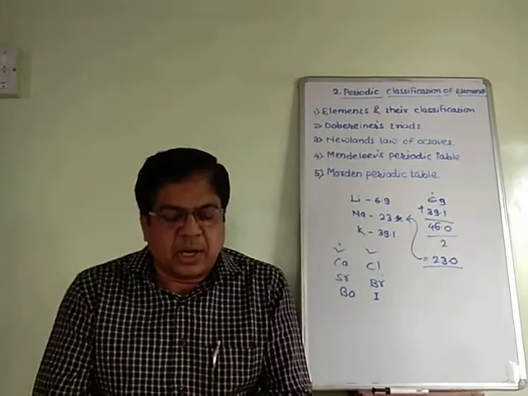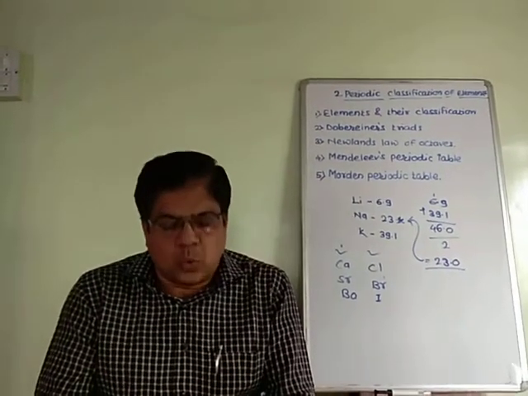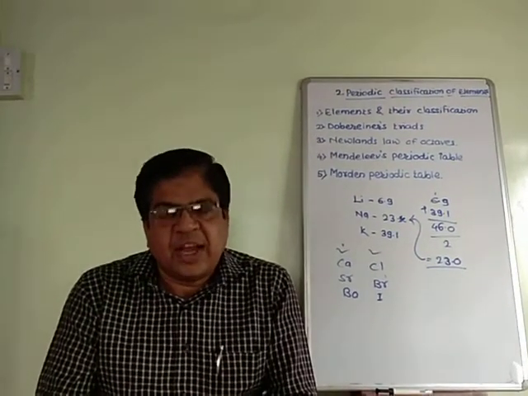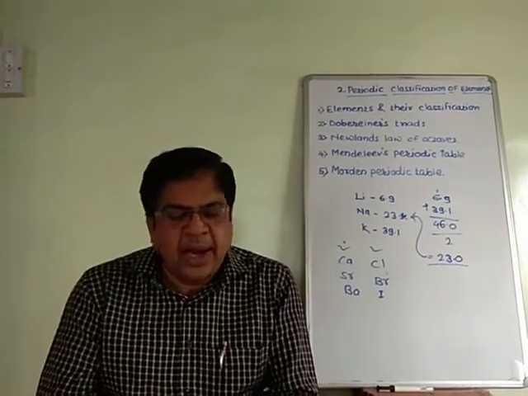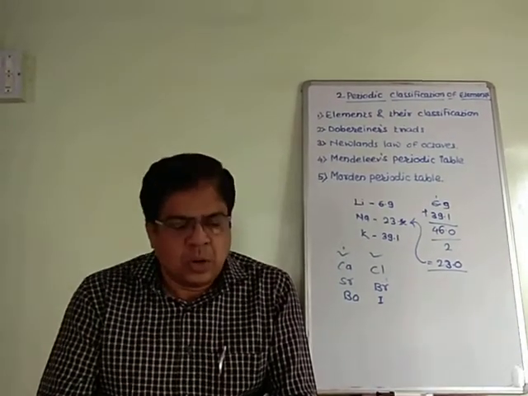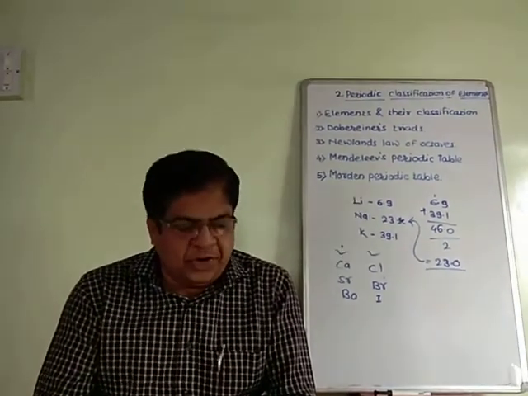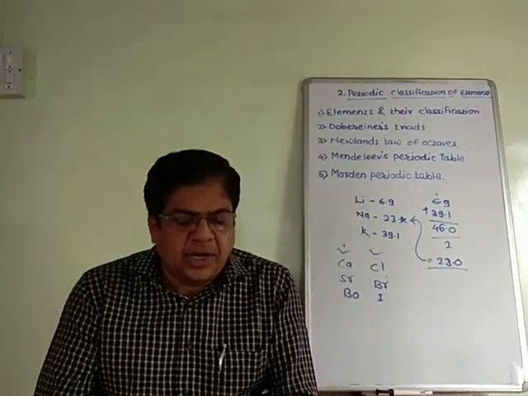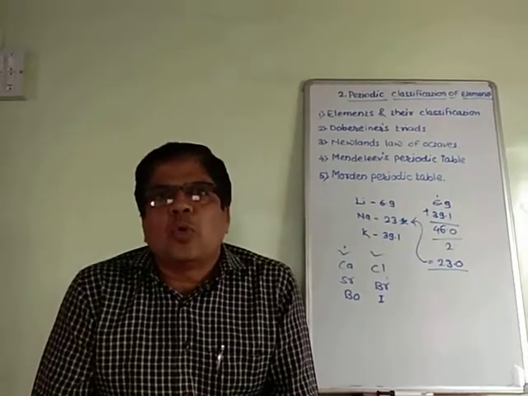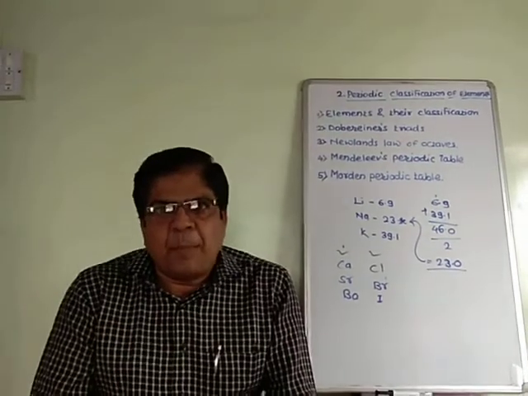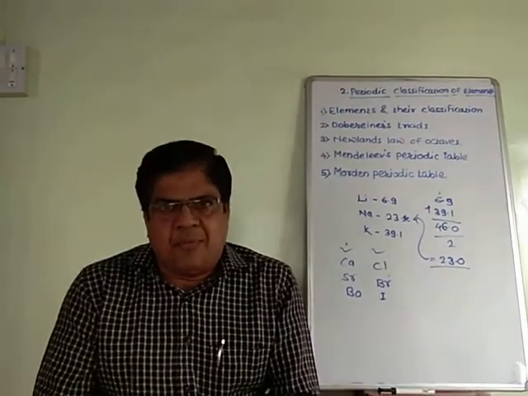The modern periodic table contains 7 horizontal rows called periods, numbered 1 to 7, and 18 vertical columns called groups, numbered 1 to 18. The entire periodic table is divided into 4 blocks: s block, p block, d block and f block.